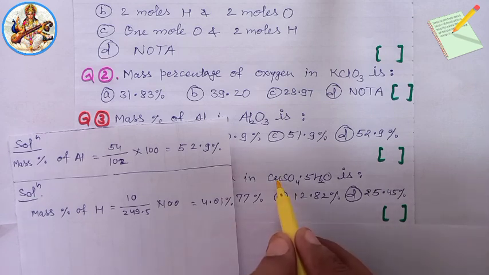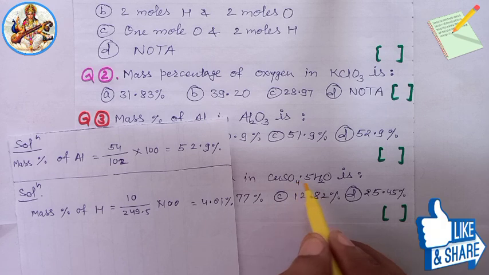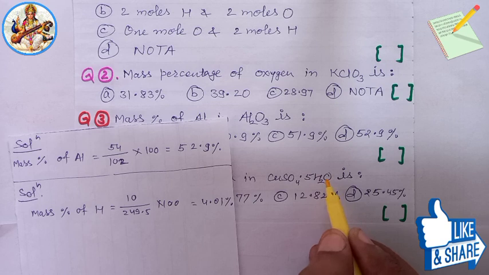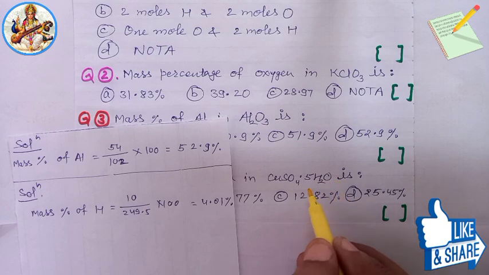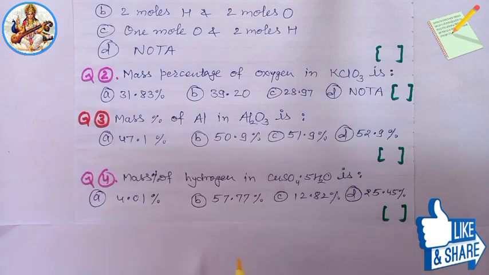Atomic mass of copper is 63.5, sulfur is 32 gram, oxygen is 16 and molar mass of water is equal to 18 gram. So molar mass of CuSO4·5H2O is 249.5 gram. Therefore, mass percent of hydrogen is equal to 10 into 100 divided by 249.5. The resultant value is 4.01%. So the answer will be option A.